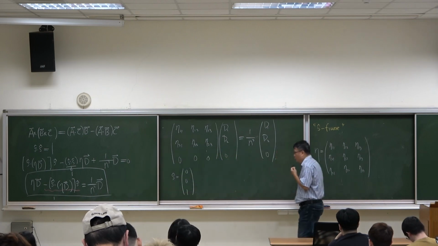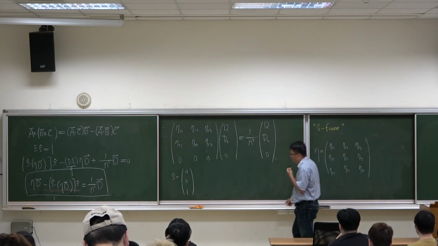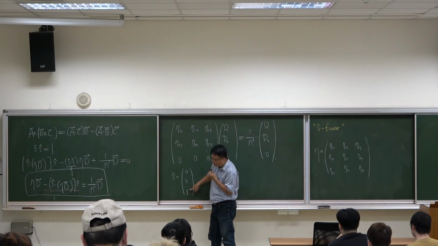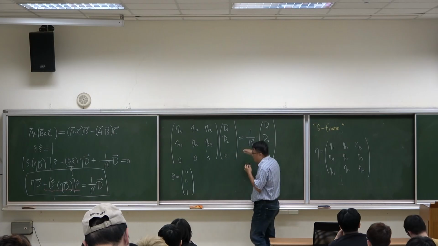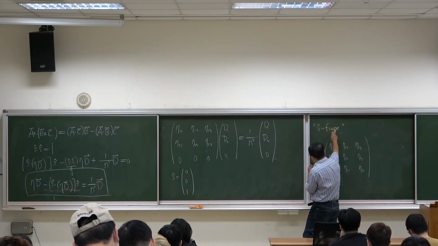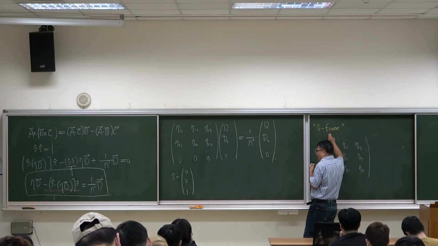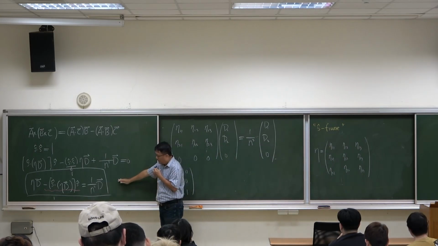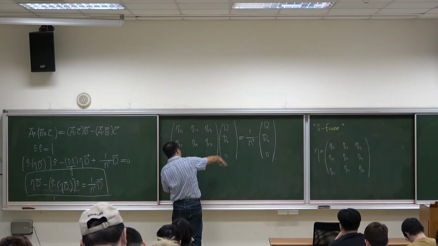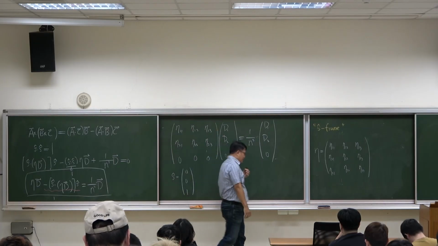Okay. We choose a coordinate system so that the S vector is along the third component, the third axis. Then in this S frame, this S coordinate system, this equation tells us that this result.